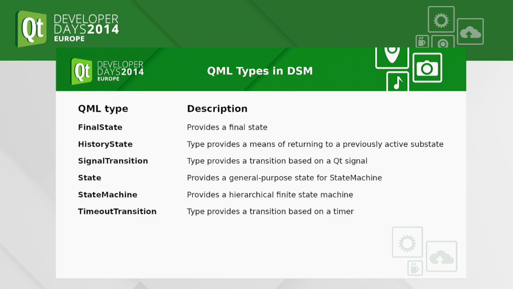The types we've added in DSM are basically all inheriting from the nodes we have in the Qt State Machine Framework already. So there's QFinalState, you may know it, and for QML we've added FinalState, and same for QHistoryState, there we have HistoryState. The point is that all these components you can use in QML are actually QML ready, so you can use them to create those machines in QML.